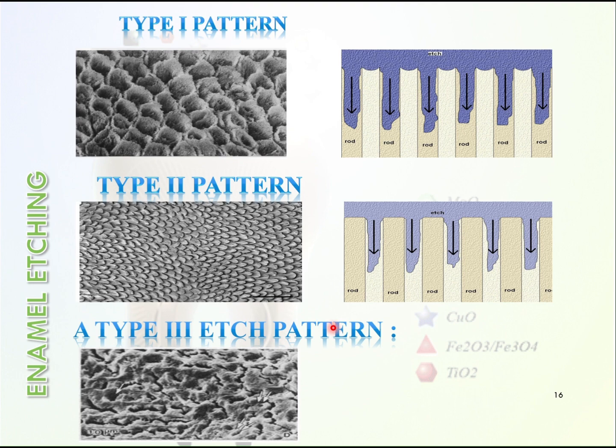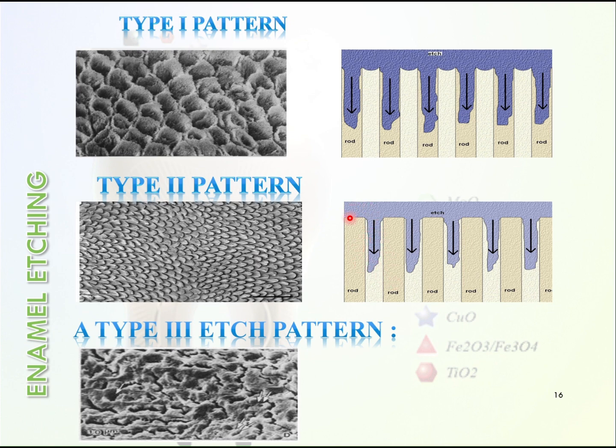Patterns which are formed after etching the enamel: this is the type 1 pattern, where the acid is entering inside the rod. It is causing the type 1 pattern, which is like a honeycomb. In the type 2 pattern, you can see it's like a fish scale.